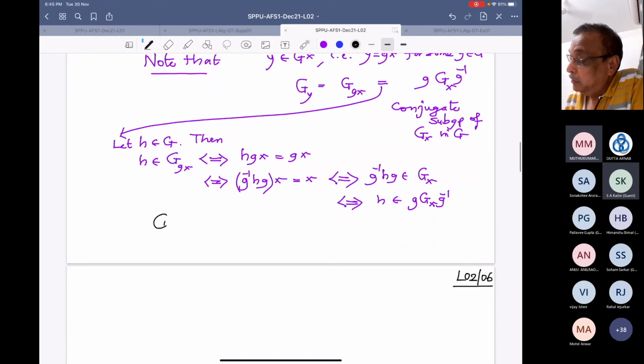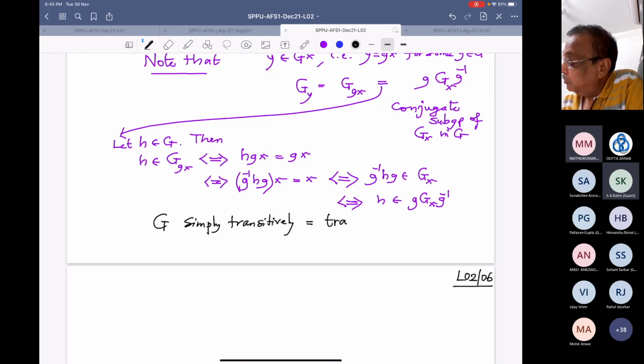So G operates simply transitively. So first we need, I will write like this, transitive. First the operation is transitive. And what? Isotropy at one element is trivial. That means it's only the identity. So identity is 1 for us, for some x.